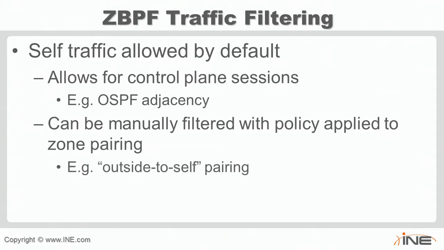So for example, if I define the outside to self pairing, and inside this pairing I call a policy that says I want to allow OSPF, I want to allow return telnet sessions, I want to allow return ICMP pings, but I want to drop other traffic, then this would potentially protect the router against any type of application attack or any type of denial of service attack against its own local interfaces.